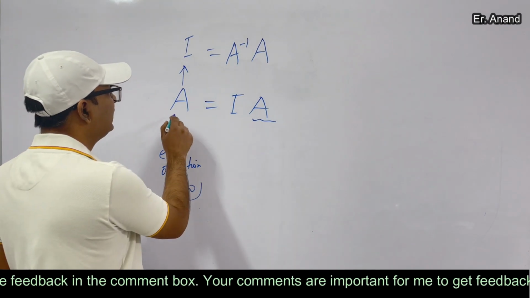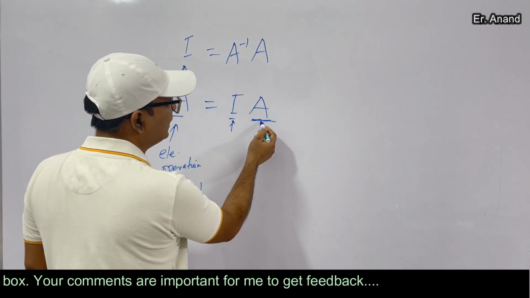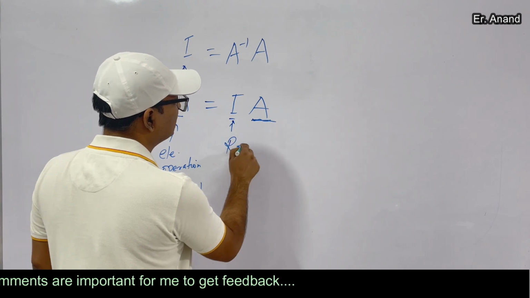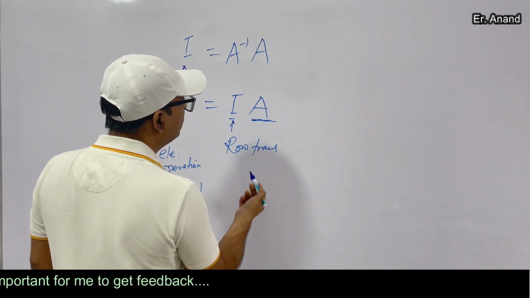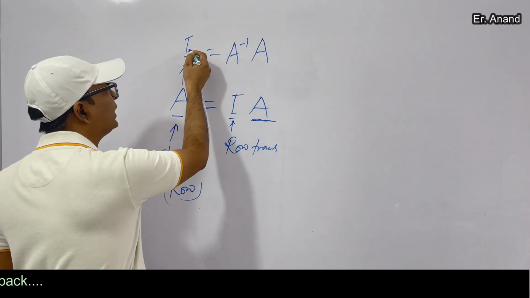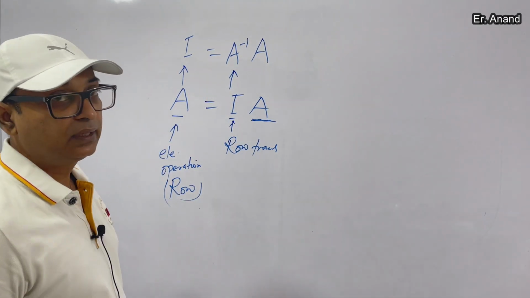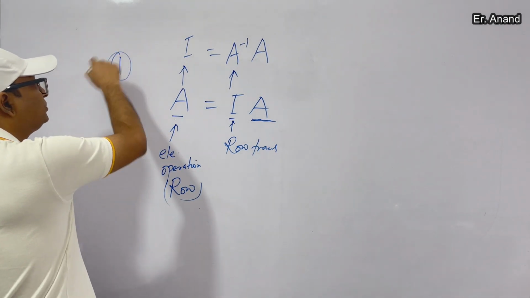So this is the first way. That is, if we take A equal to I into A, that is I precedes A, then we do row transformations to make this matrix equal to I, so that this matrix transforms into A inverse. Clear? This is the first way.